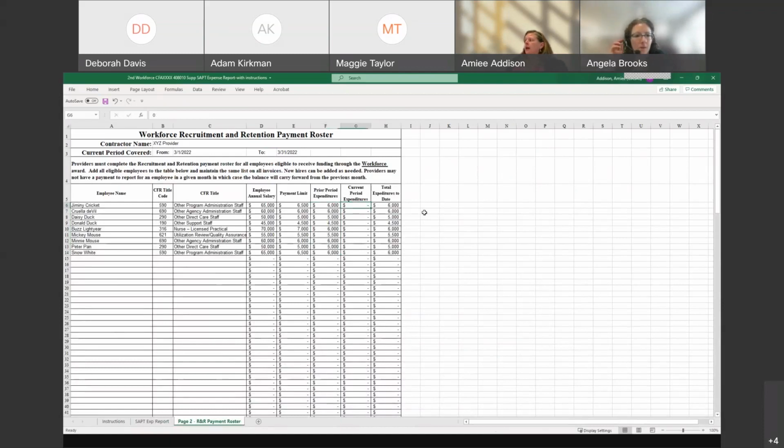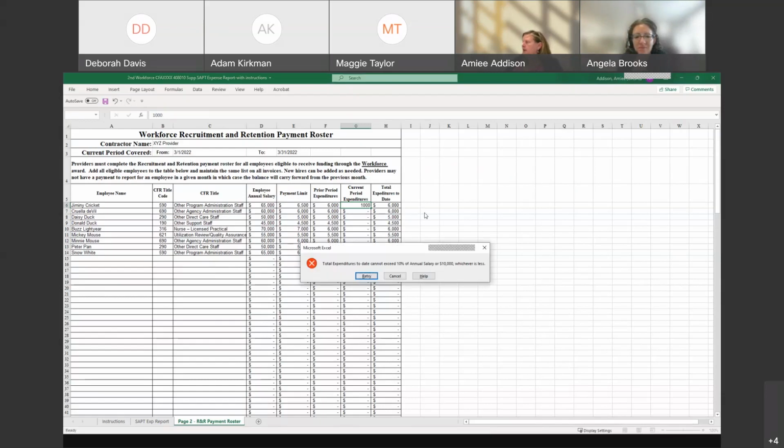It will not allow you to pay more than the 10% or the max of 10,000, not to exceed 10,000. If, for the first employee, I try to enter $1,000, you get an error message stating you cannot pay that person that dollar amount, or you cannot claim that dollar amount, I should say.